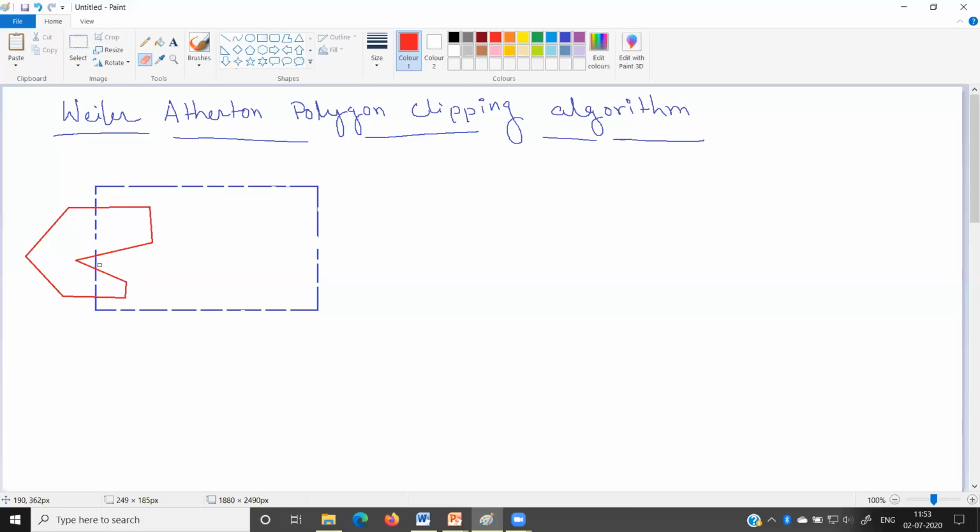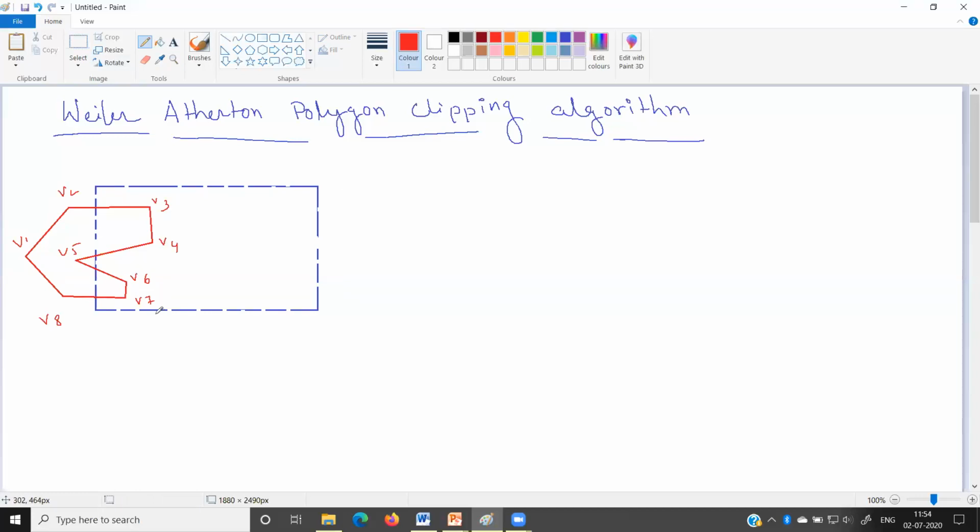So in case of Cohen-Sutherland polygon clipping algorithm, the approach is, you know that we have to name the vertices v1, v2, v3, v4 in clockwise direction, v5, v6, v7 and v8.